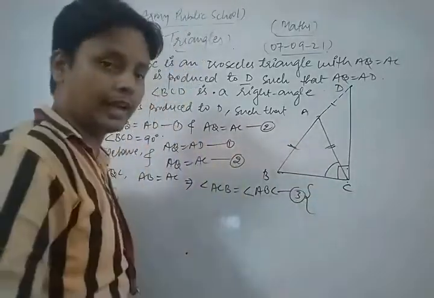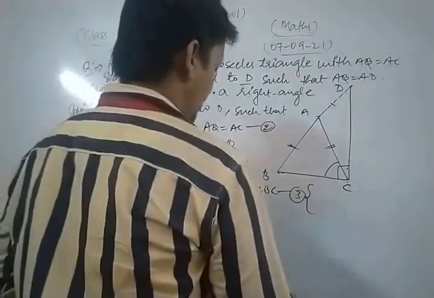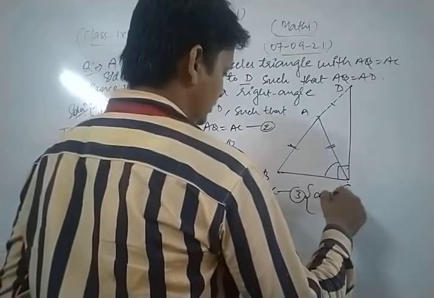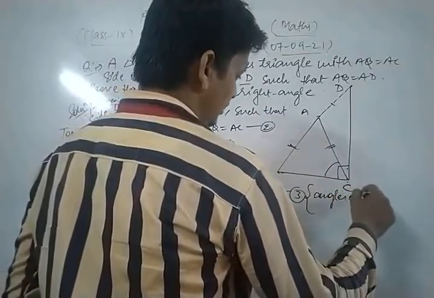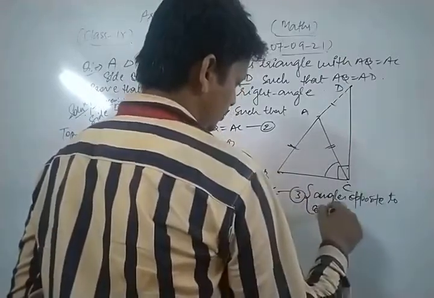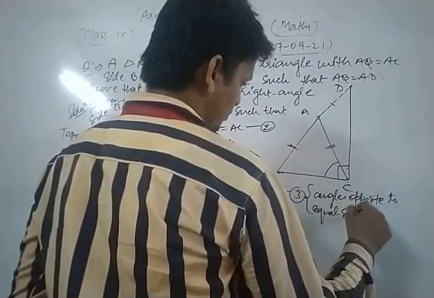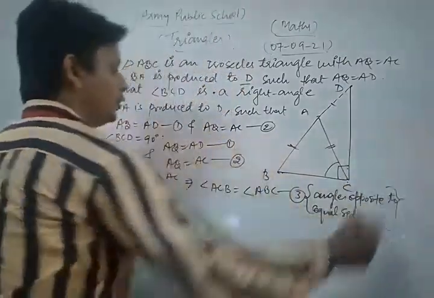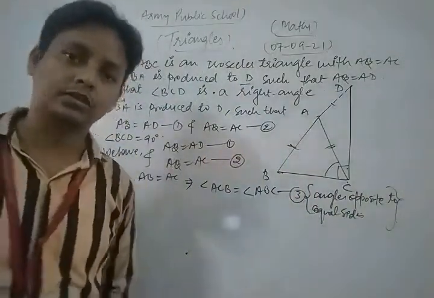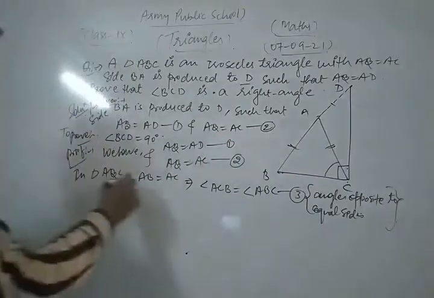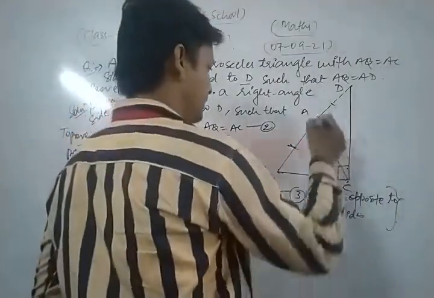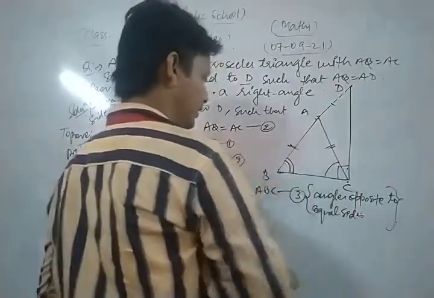This is because angles opposite to equal sides are equal. Angle opposite to equal sides. Okay, dear friends, so angle ACB is the same as angle ABC.